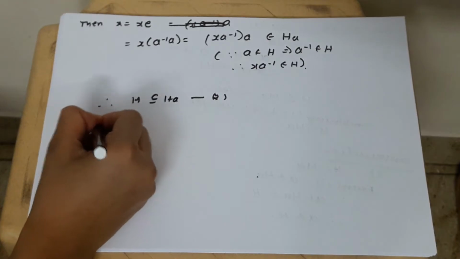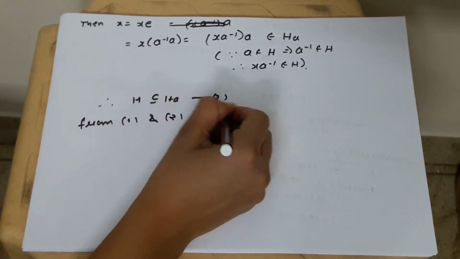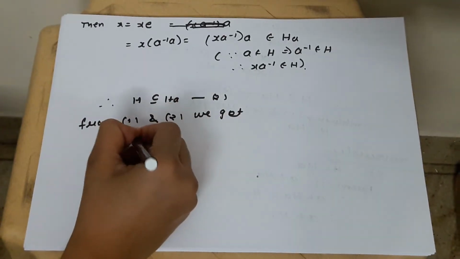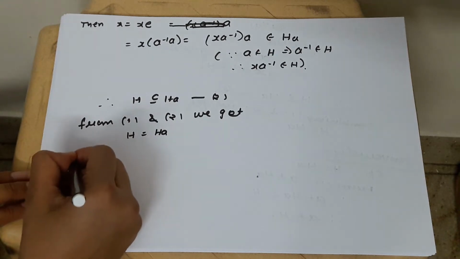From 1 and 2 we got H is equal to Ha. Now we have to do the converse part.